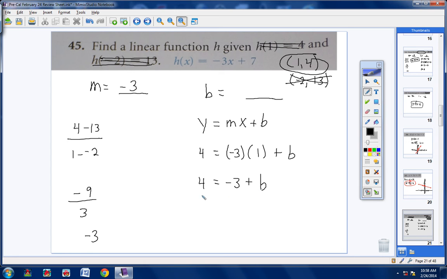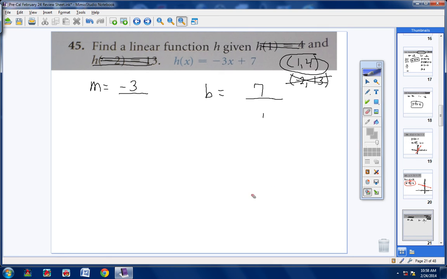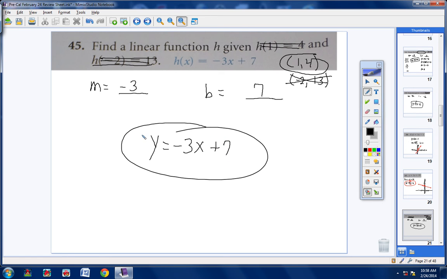Then bring the negative 3 over and make it a positive 3. 7 equals b. So I have my y-intercept, I have my slope. All that I have to do now is write my linear equation. And my linear equation, of course, would be y equals negative 3x plus 7. All right, and that's number 45.